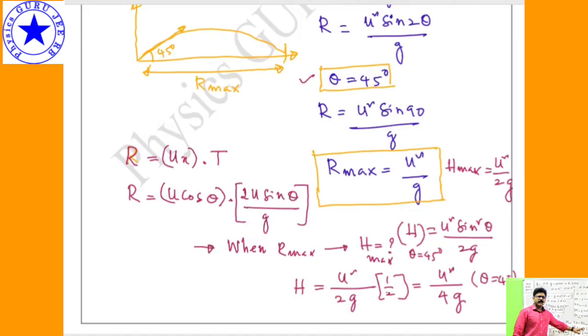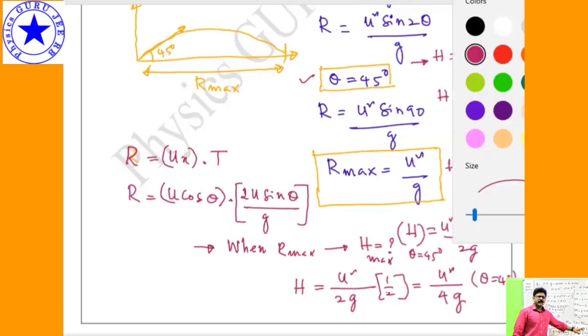So H is equal to u square divided by 4g, or since range maximum is u square by g, H is equal to R max divided by 4. Simply substituting there. Hope this is clear.